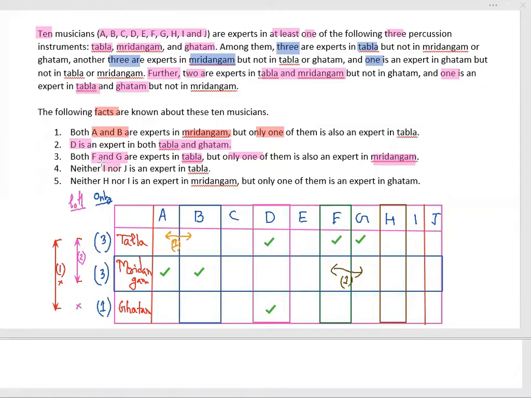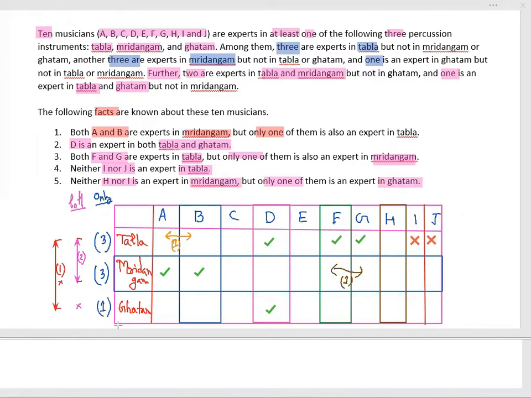Neither I nor J is an expert in tabla. For I and J, in the tabla part, I can put a cross mark. It is sure. Neither I nor J is an expert in tabla. Okay. Next, neither H nor I is an expert in mridangam, but only one of them is an expert in ghatam.